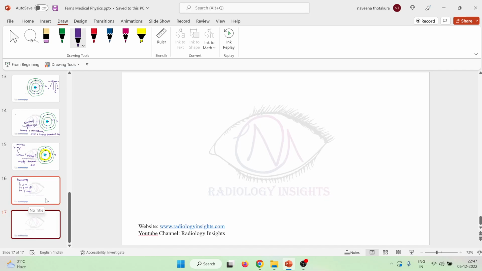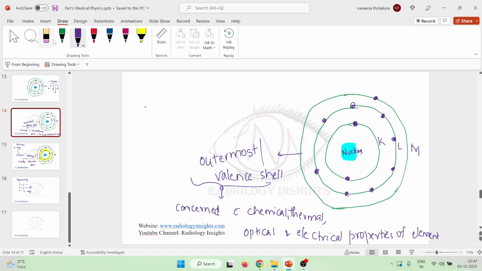The outermost shell, or valency shell, will never have more than 8 electrons. There will be less than or equal to 8 electrons only.